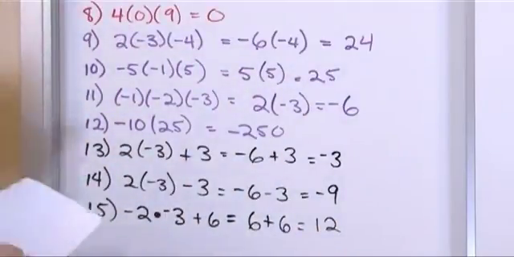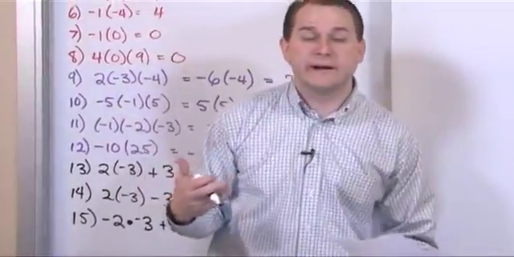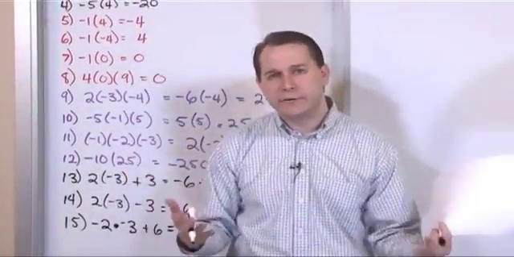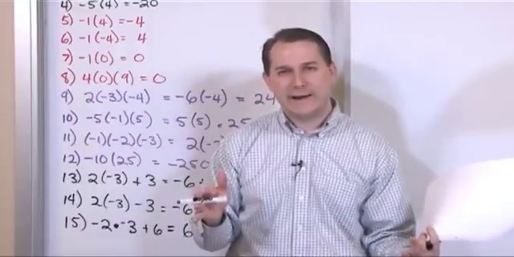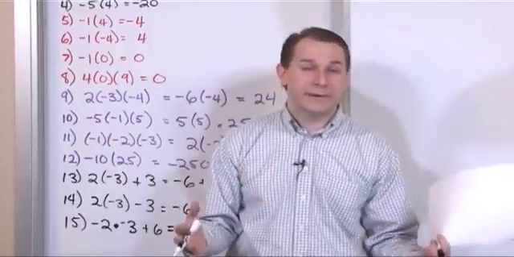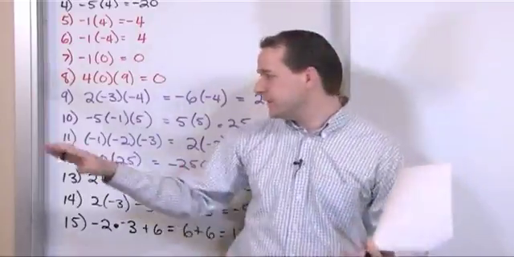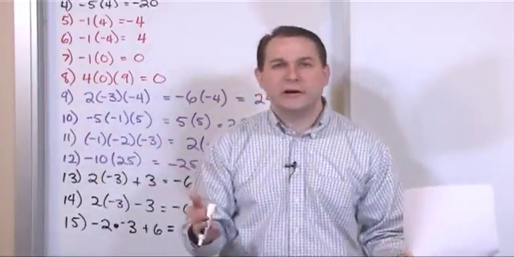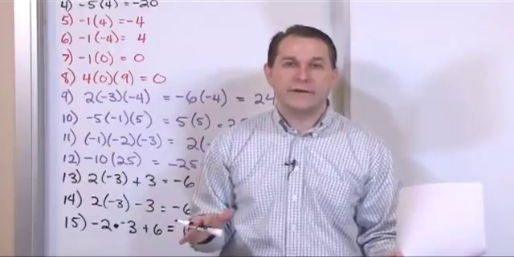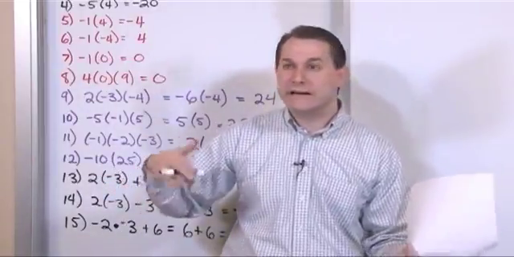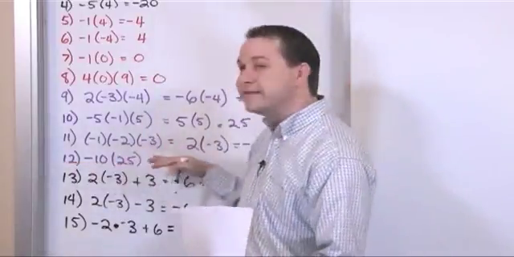We're going to continue to do more problems in this section, but the main thing for you to learn is two things. One, how do you multiply numbers together? And hopefully you're getting the hang of that. Two, if you ever see multiplication or division in the same line with addition or subtraction, you always have to multiply or divide first before you get into any addition or subtraction, if they're all on the same level like this.